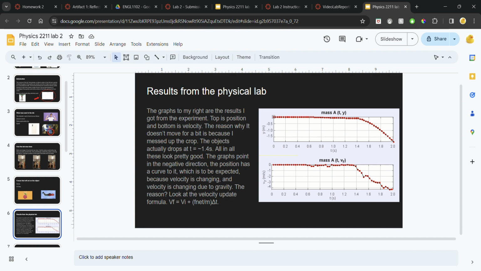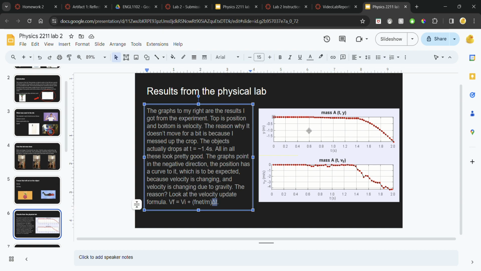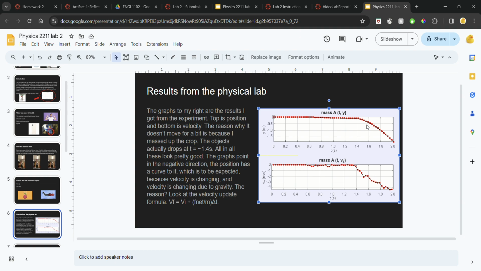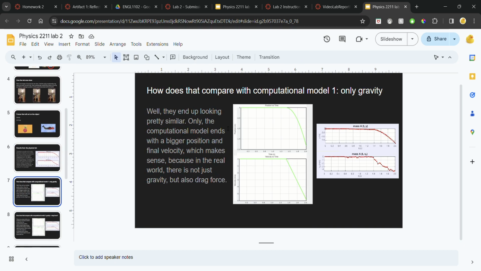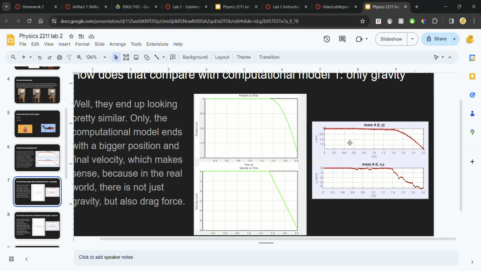Now the reason why the position update formula is curved is because it uses the velocity to update itself. And since the velocity is getting bigger, it's not constant per change in time. It's going to get bigger, which creates the curvedness right there.